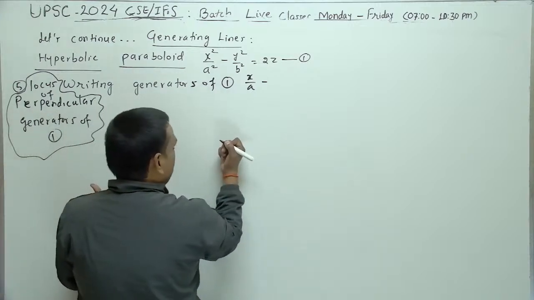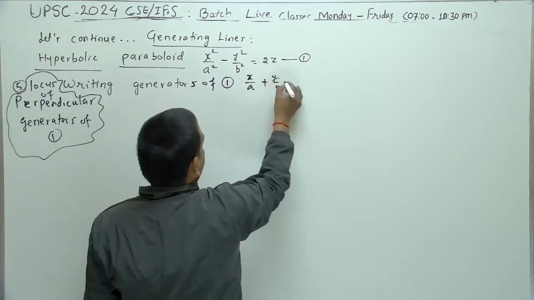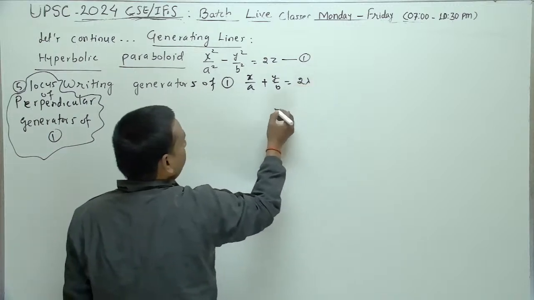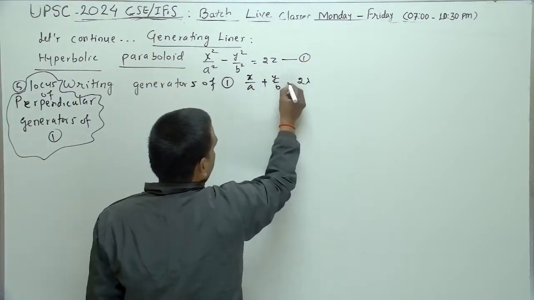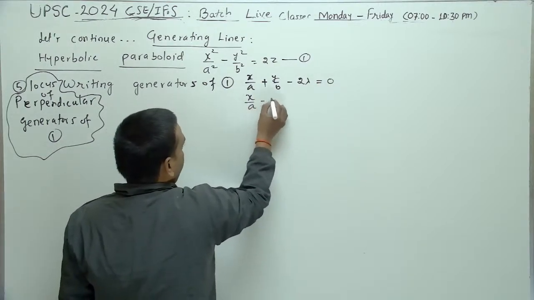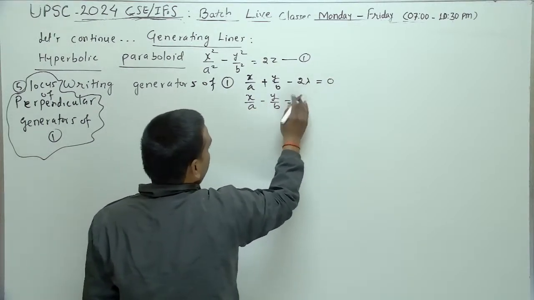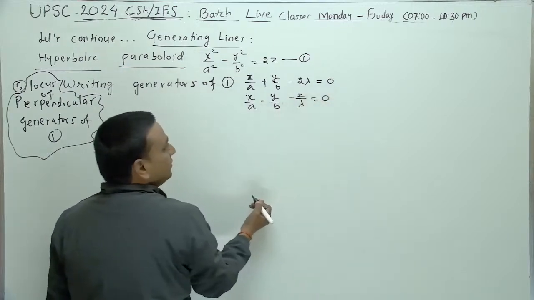So पहले तो generators को लिख ले भाई. Generators are x upon a plus y upon b equals 2 lambda. So this can be written as x upon a plus y upon b minus 2 lambda equals 0. The other is x upon a minus y upon b minus z upon lambda equals 0.